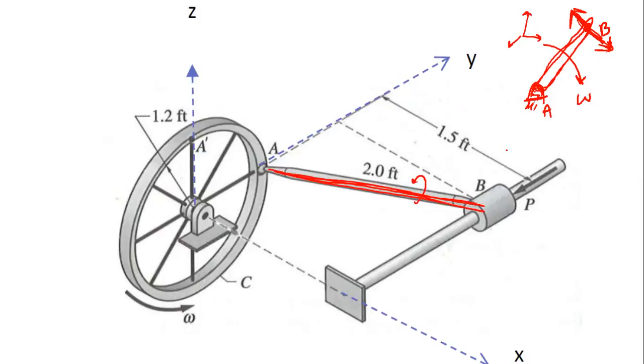So what you end up having is that omega of AB dotted into R, and this could be either R of A with respect to B or B with respect to A, is going to equal 0. That dot product equaling 0 is how we get the fourth equation that we need. Okay, does that answer your question, Simon?